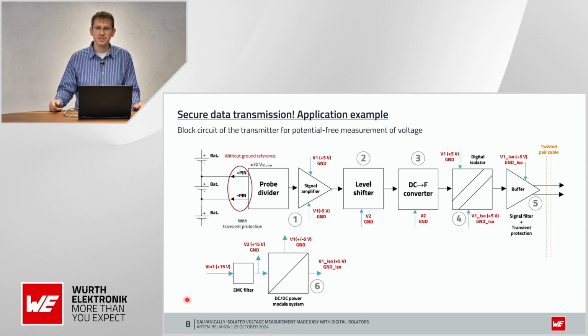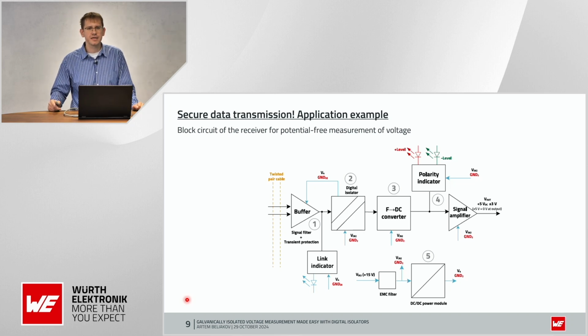Then you can see a digital isolator for galvanic isolation between the measured voltage and the input part of the interface. Then goes the interface buffer. This is a low impedance line driver with balanced output. And finally, block 6, the isolated DC-DC converter for the power supply of this transmitter board.